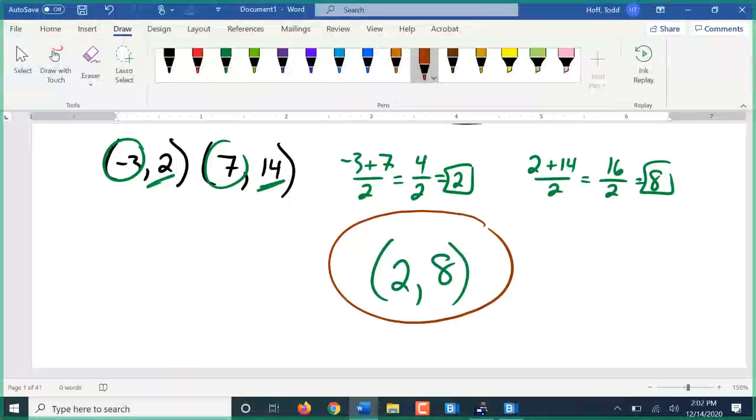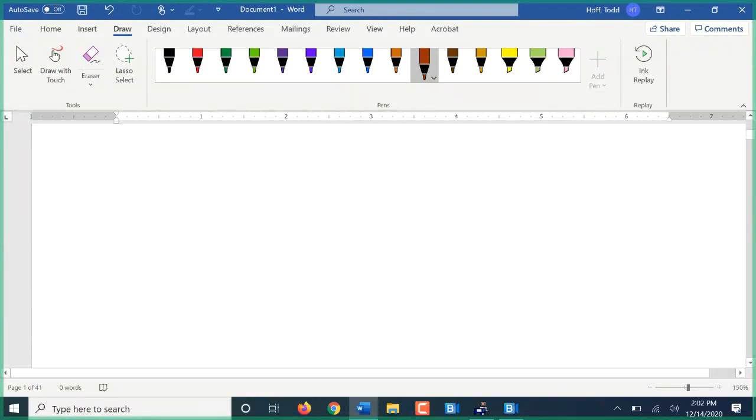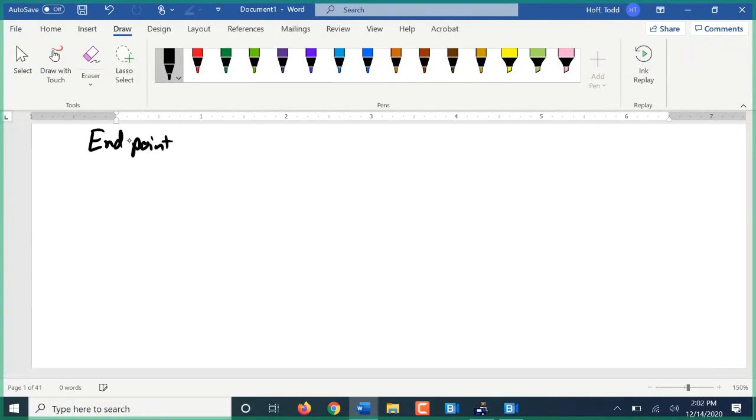Now we're not done yet there with our midpoint formula. We might be given one endpoint and a midpoint.